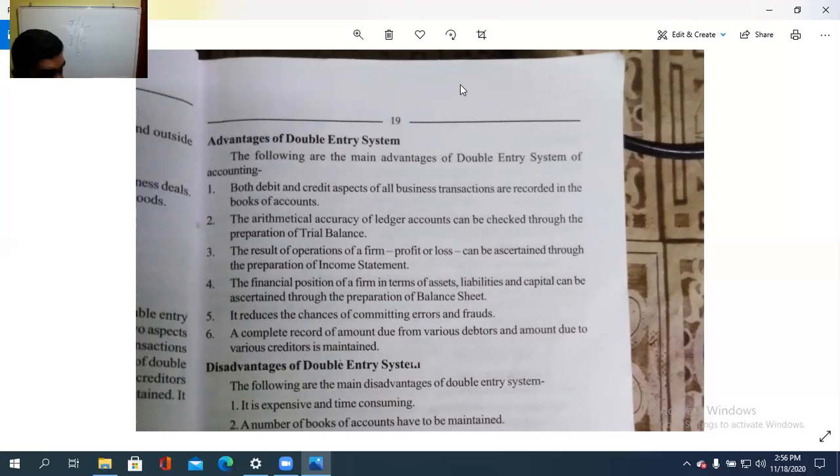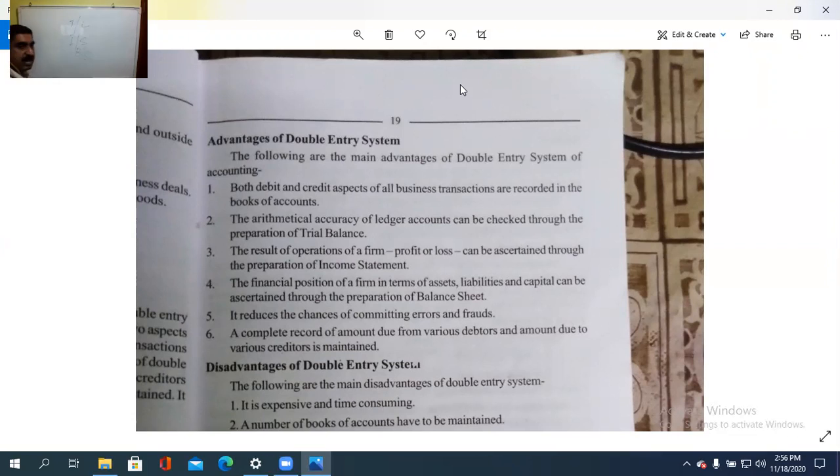So, arithmetical accuracy of ledger accounts will be from the trial balance. The results of the operation of a firm, profit or loss, can be ascertained through the income statement. And the balance sheet shows whether the financial position of the firm is strong or weak. That is why we need to specify the assets as well as the liabilities and also the capital, so that we can ascertain the financial position.